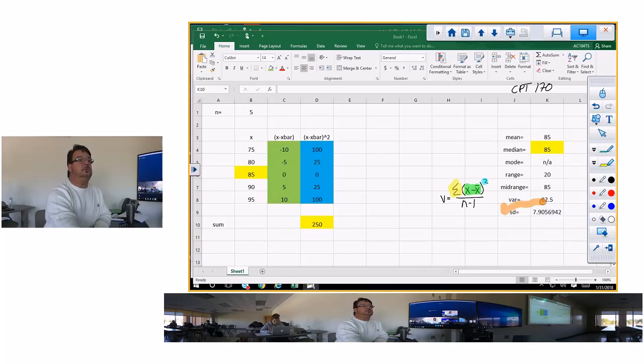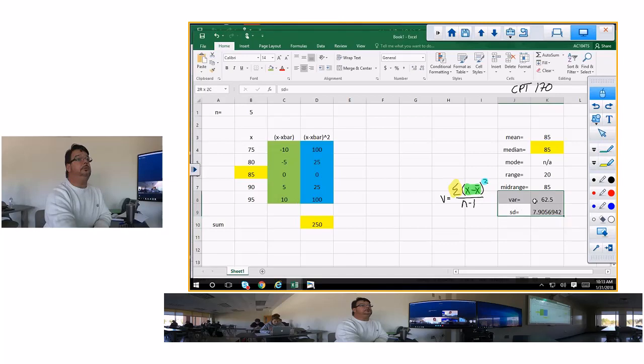I'll just do this. Can't draw with a mouse, it's about impossible. I'll highlight these two and go up here and do that and do that. There's your 2 important numbers.